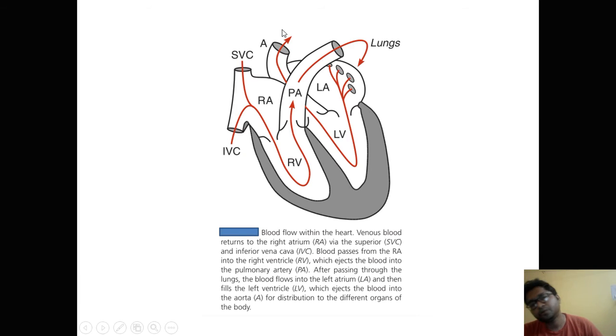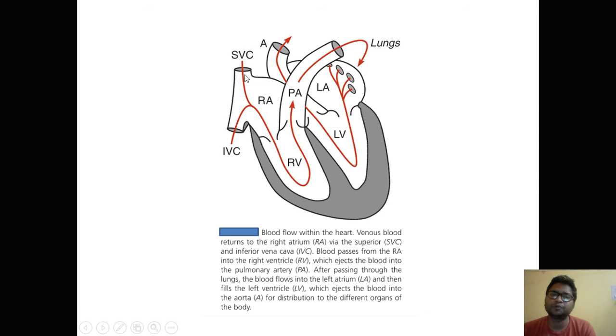From both the portions we are receiving the deoxygenated blood in this portion, that is the right atrium, and when this right atrium gets filled, the blood then goes to the right ventricle, and after the right ventricle the blood then goes to the lungs.